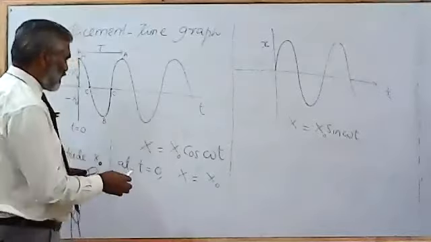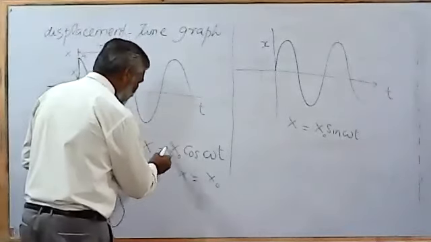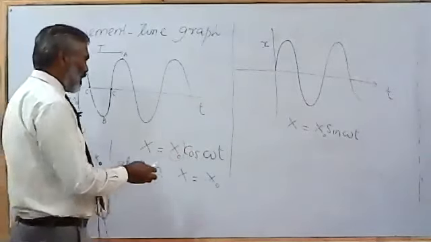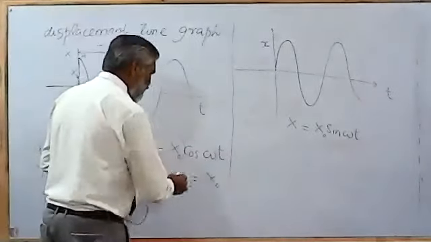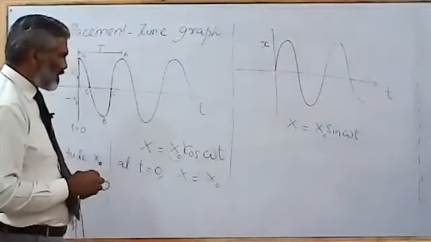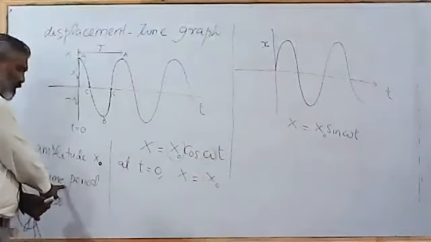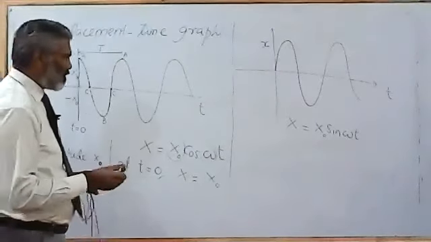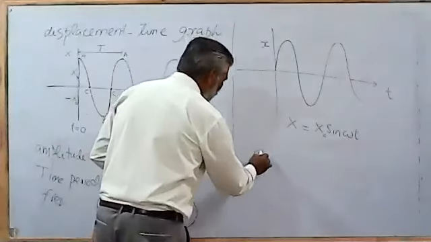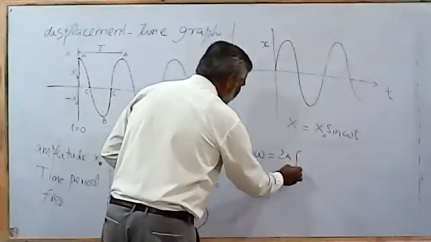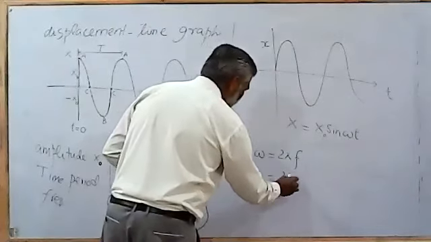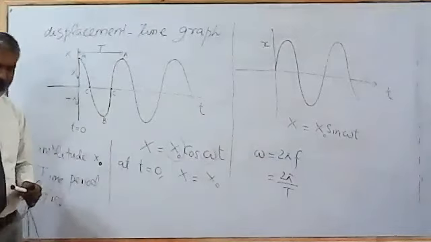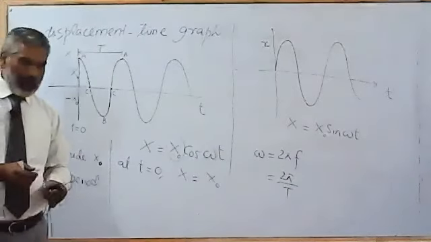In both cases, x naught will always mean the amplitude, and this omega is used to calculate the time period and the frequency of the oscillating system, because in both cases omega is 2 pi f, which is equal to 2 pi over T. So values of frequency and time period can be readily worked out.